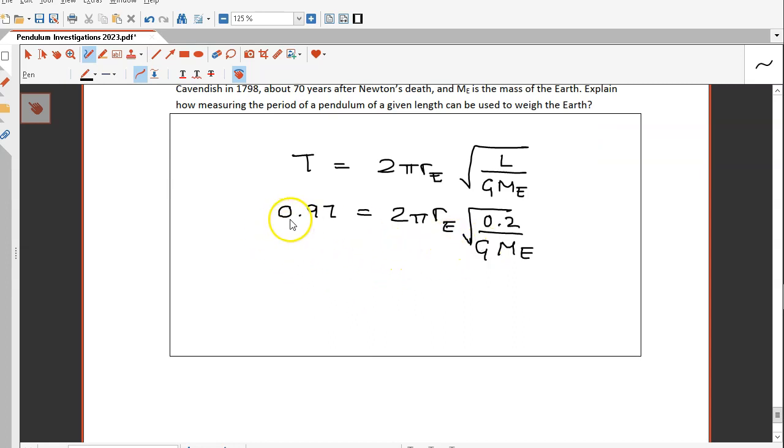So in order to solve this equation, the easiest way would be to take the square of both sides. If we square both sides, we get this. I'm going to do it step by step.